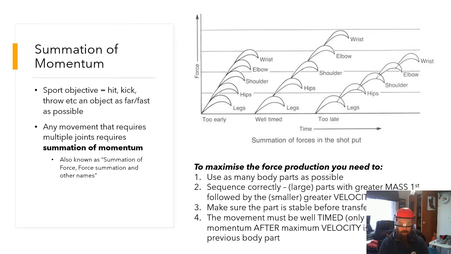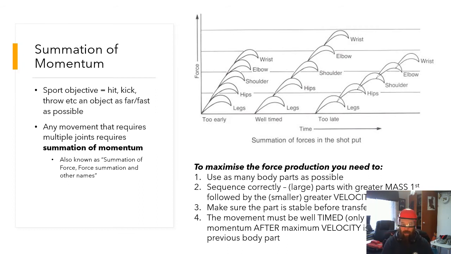But if it's well timed and executed perfectly, then you end up with the maximum amount of force, which means your performance will be as good as it possibly can be. To maximize the amount of force, you need to use as many parts as possible, and you should sequence them correctly, starting with the large parts, your legs, your torso, your glutes, all that sort of stuff, depending on the activity.